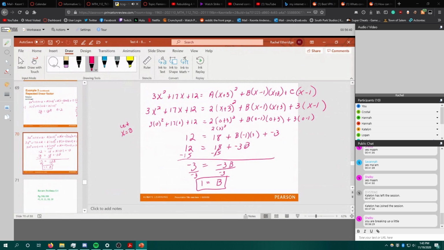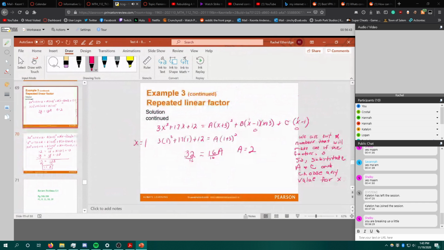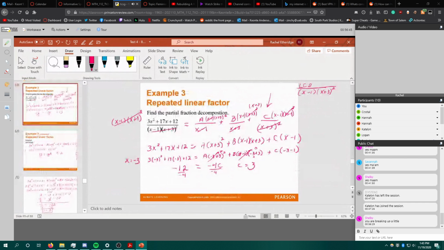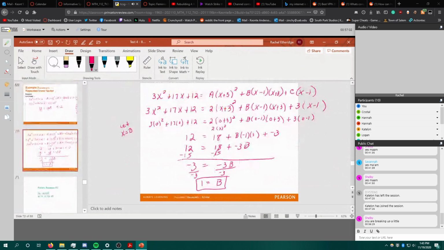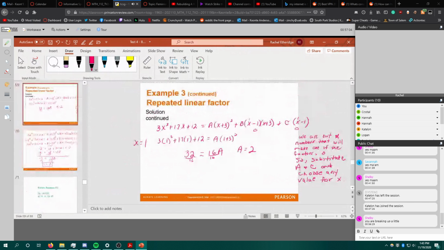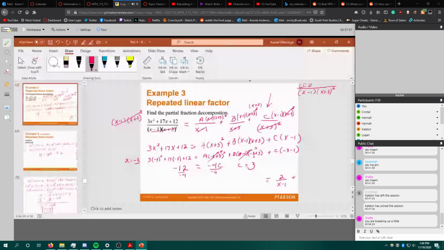So go back to your original where you write your partial fraction decomposition. We got a was 2, so 2 over x minus 1 plus 1 over x plus 3 plus 3 over x plus 3.